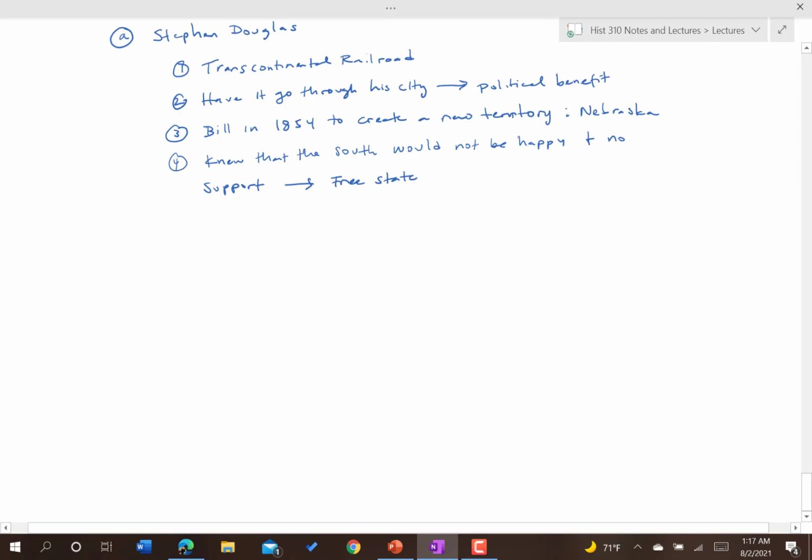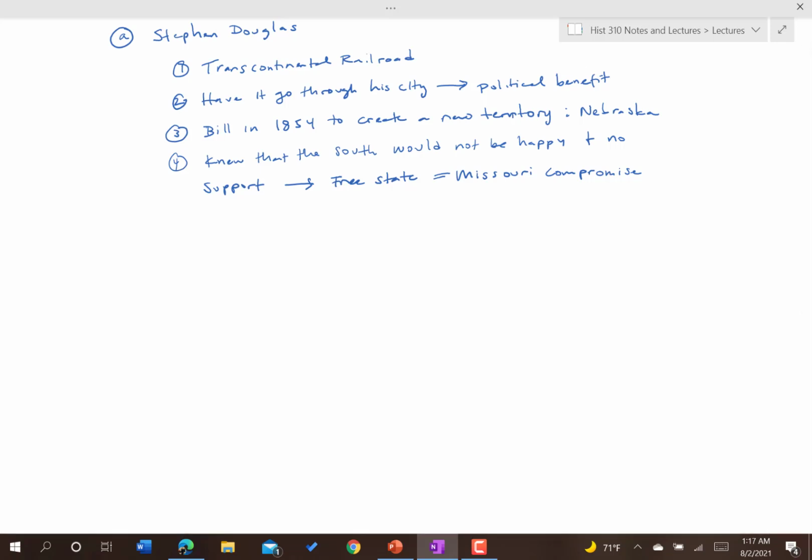And this is because of the Missouri Compromise. So based on where the line was drawn on the map, anything north of the line was free, anything south of the line was slave. So based on location, Nebraska would come in as a free state. So of course the South was going to oppose that.